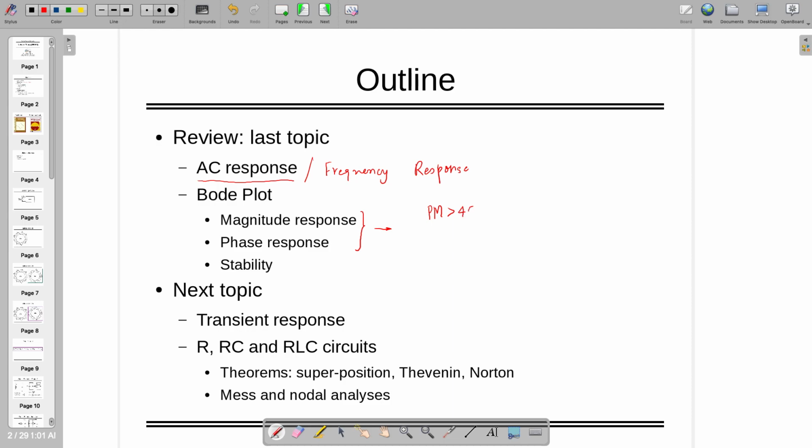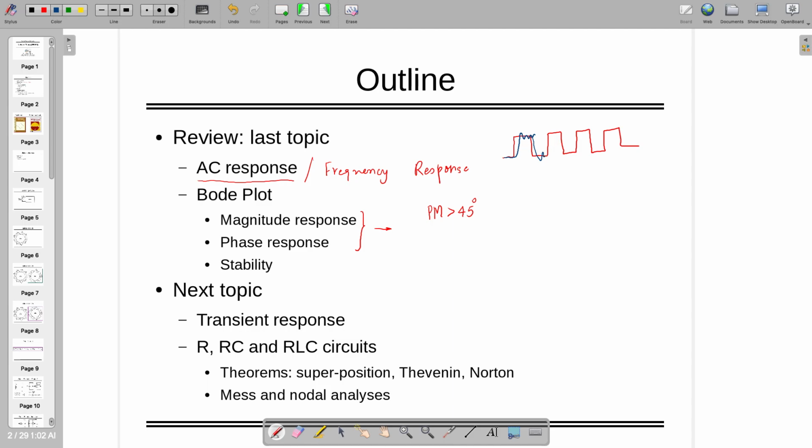If it is greater than 45 degrees, you are in the safe zone, or you should make sure that the time constant is good enough to give you the output before the state is changing, right? Like it is still ringing, but it's changing the state.